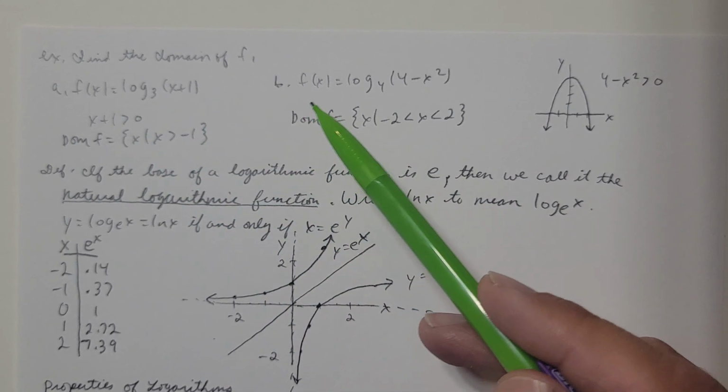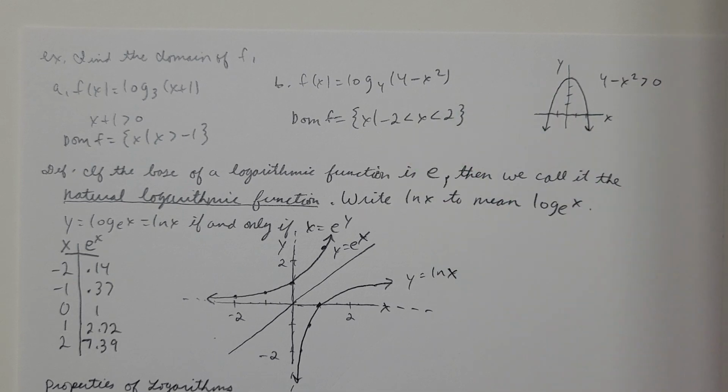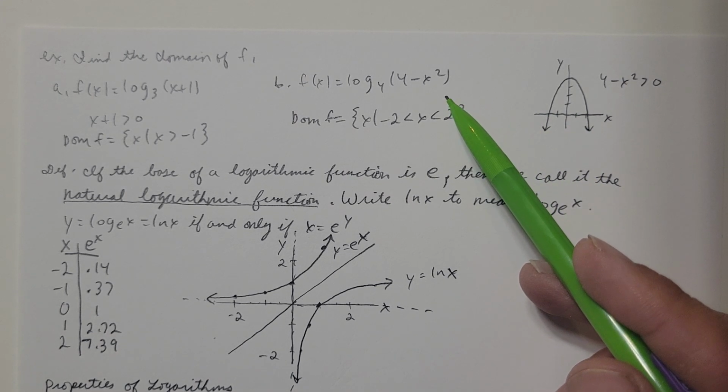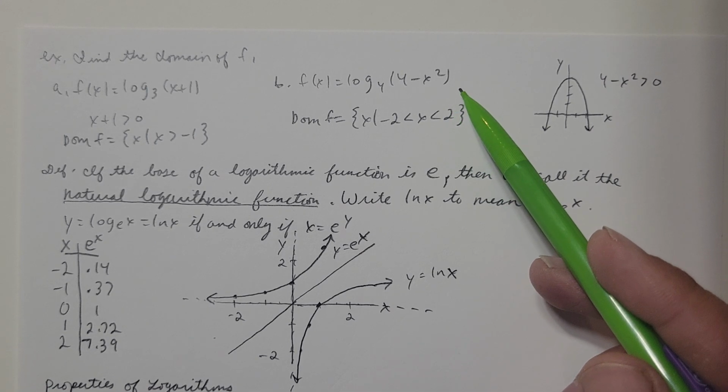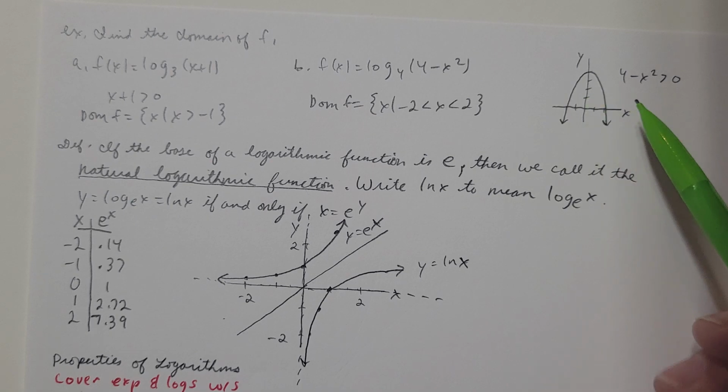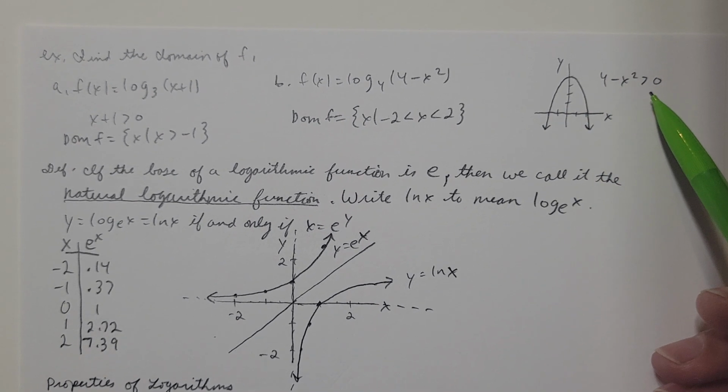How about part B? We got f of x equals log base 4 of 4 minus x squared. All right, so 4 minus x squared can't be 0 and can't be a negative. So if I set that to be greater than 0, 4 minus x squared is greater than 0.